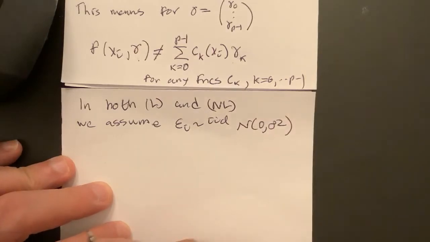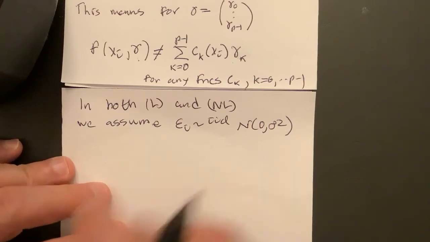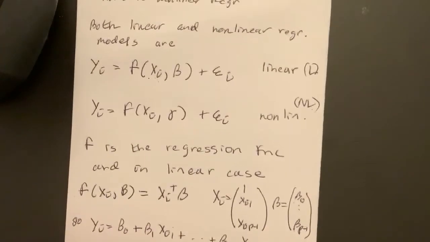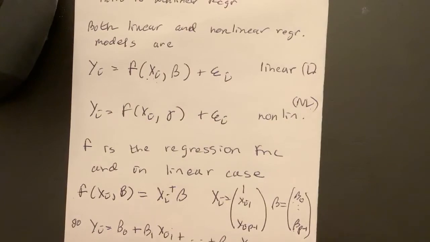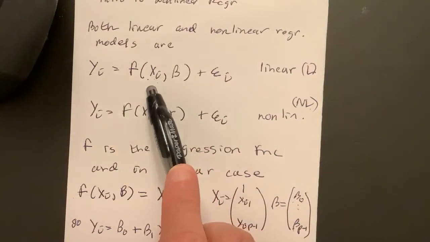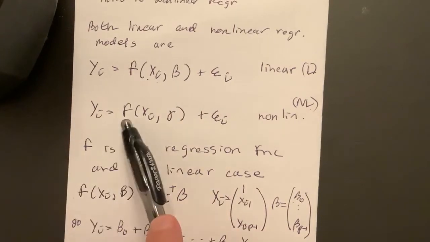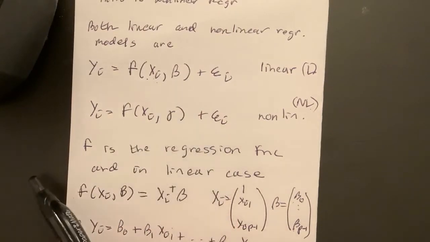So that's the same. So they look almost exactly the same. Except I know I can write this as a matrix X times a vector beta. And this, I don't know that I can do that, okay? This is something else.